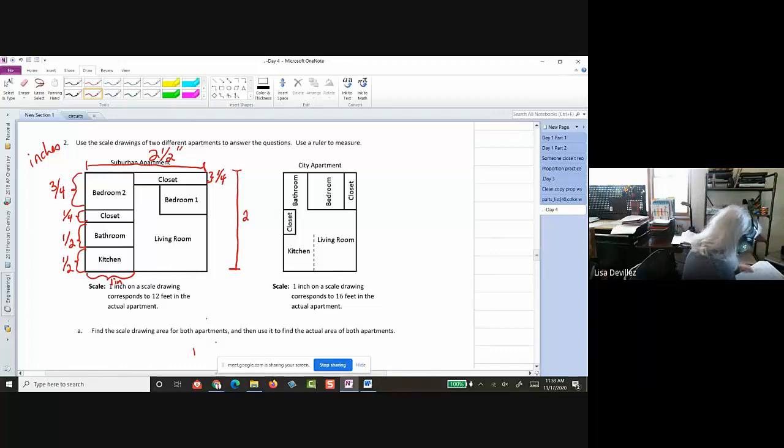And then on the other apartment, that is 1/2. This is 3/4. This is 1/4. That length there is 2. This length there is 5/8.